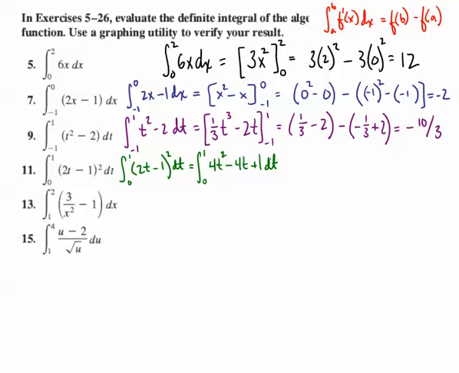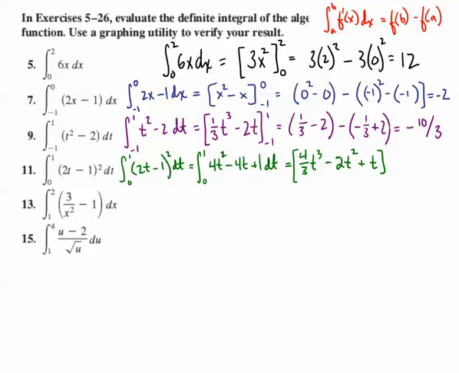Alright, so once we have that, we're able to begin to find the antiderivative. The antiderivative of that is going to be 4t to the third over 3, or 4/3 t cubed. Again, I'm going to put that in a square bracket, minus 4t squared over 2, which is minus 2t squared, and then plus 1, which is going to be plus t.